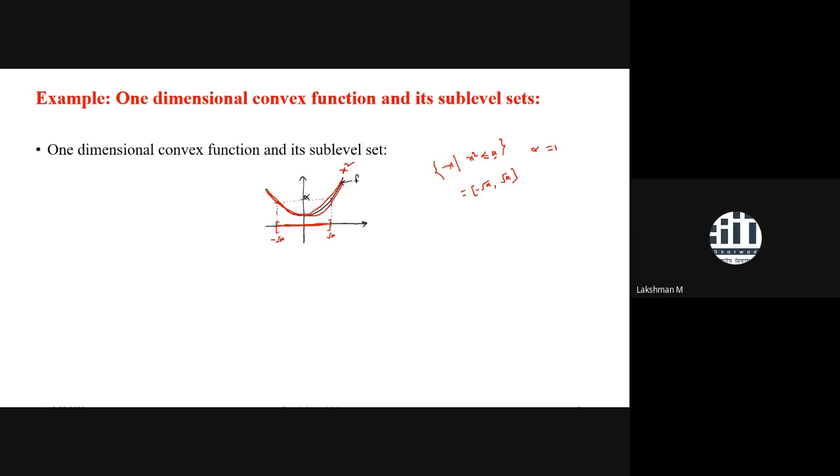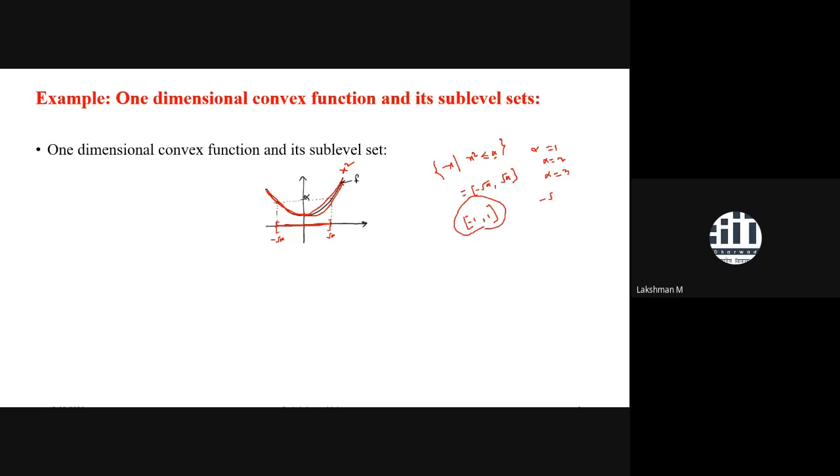So take alpha equal to 1, alpha equal to 2, and take several alpha and keep on drawing the corresponding sublevel sets. With respect to alpha equal to 1, your sublevel set would be the interval minus 1 to 1. An interval is completely a convex set. If you are taking alpha equal to 2, what would be your sublevel set?